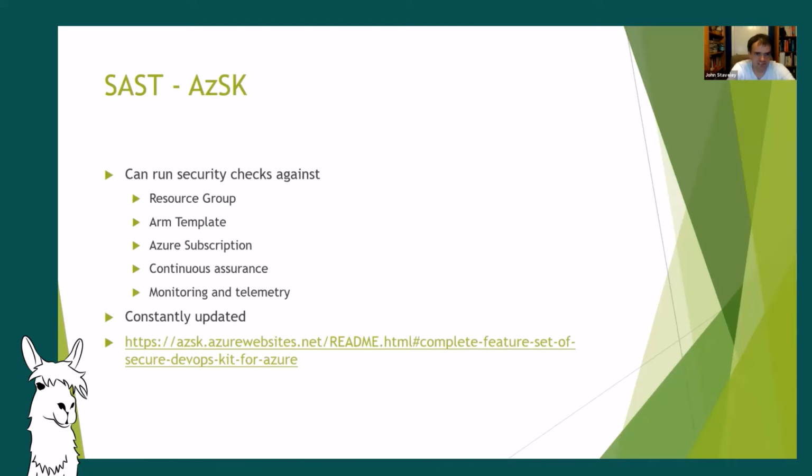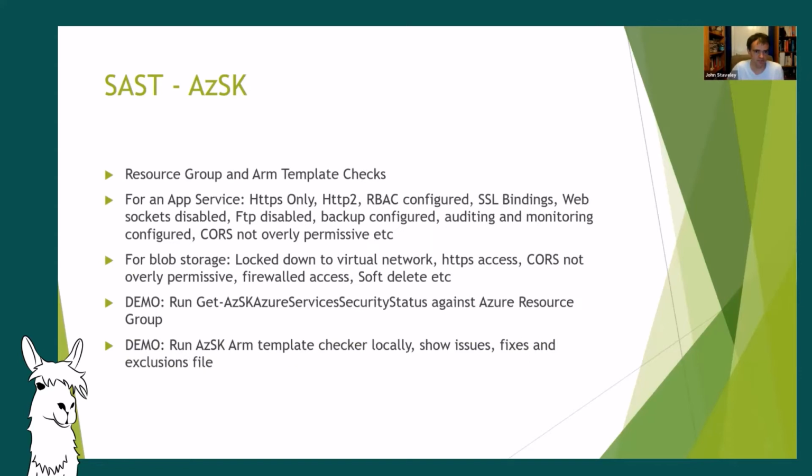It can run security checks against our deployed resource group, an ARM template, as I'll show you in a minute, an Azure subscription, and then also set up continuous assurance, monitoring, and telemetry. I've used the first two more than any of the others, so I can talk about those if you want to ask questions. It's constantly updated, so whenever you run it, you'll get the latest set of rules. And there's a link to a description of what it's about.